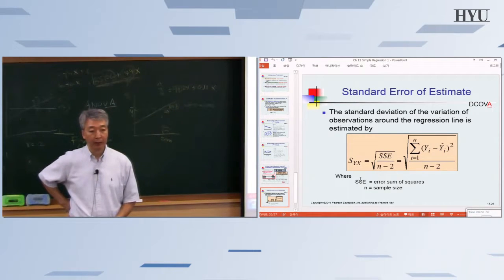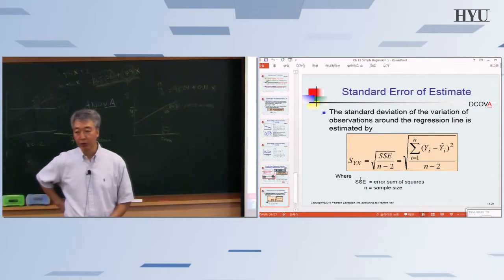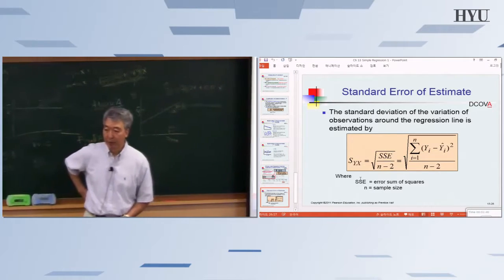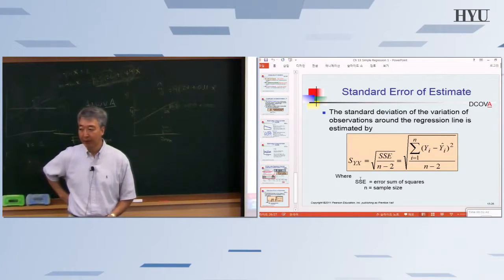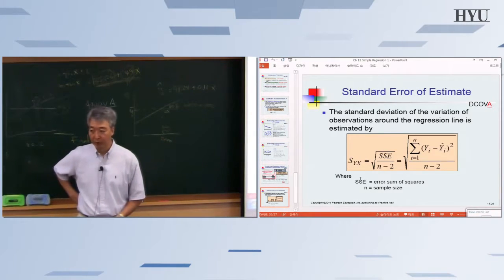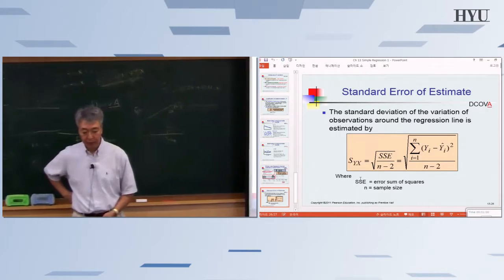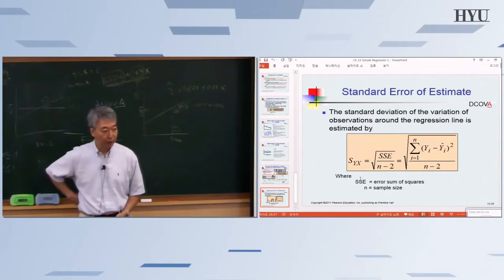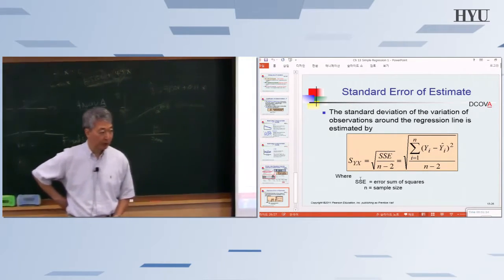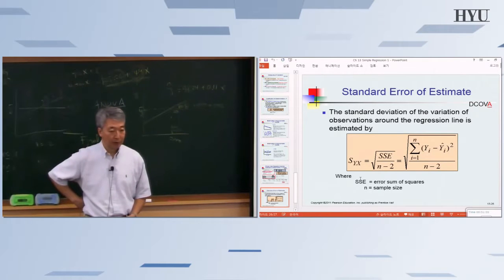Again, I told you regression analysis is about line fitting. We're trying to find the equation of the best fitting line through the data points, right? So R square was one of the measures of the fit, of how useful the regression line would be.